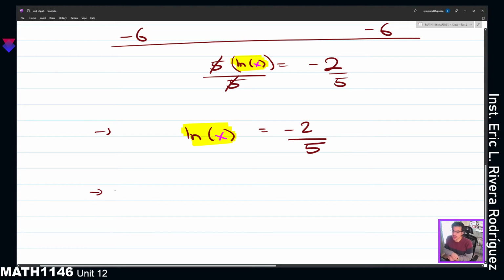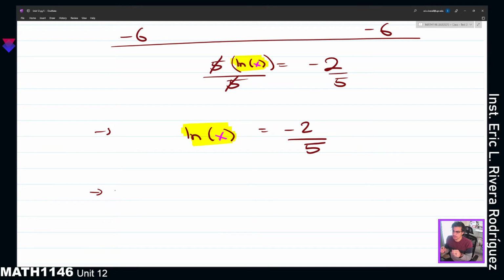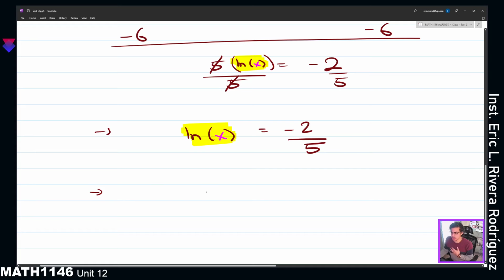How do we do this? The rationale here is going back to the question. What is the power of e?